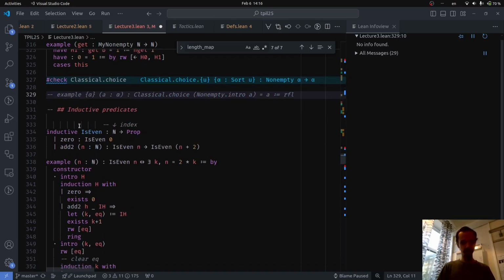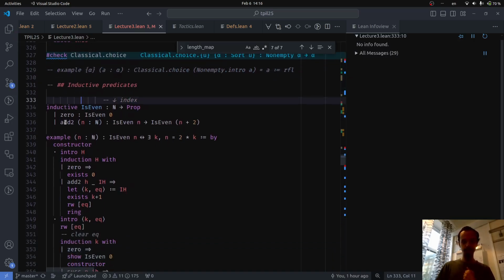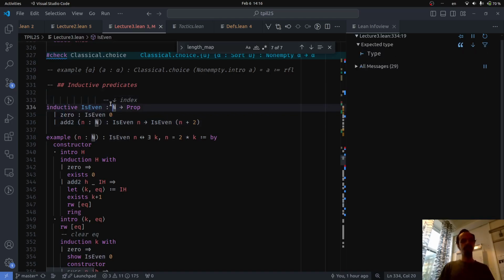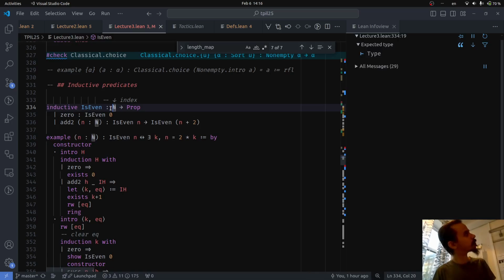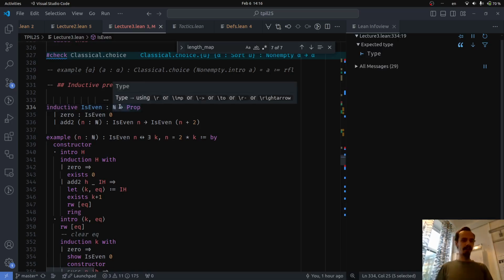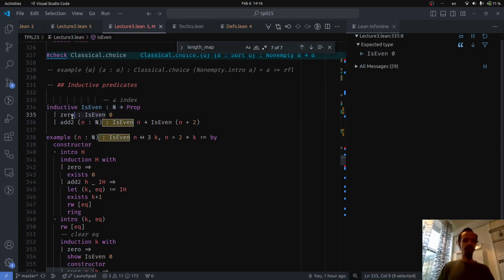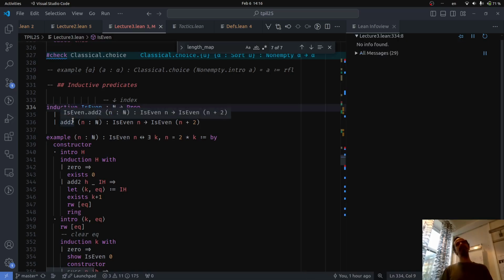Okay, so inductive types can also be predicates. You can have an inductive type that has an index. This argument here, we call it an index, and here we're going to construct an inductive type which is a proposition, but it classifies evenness.